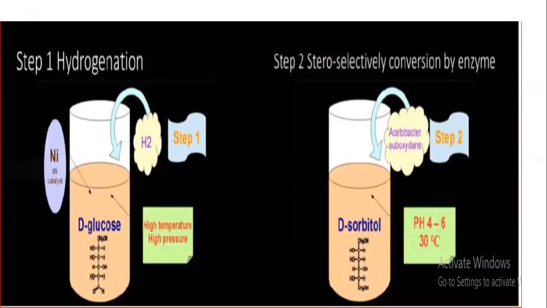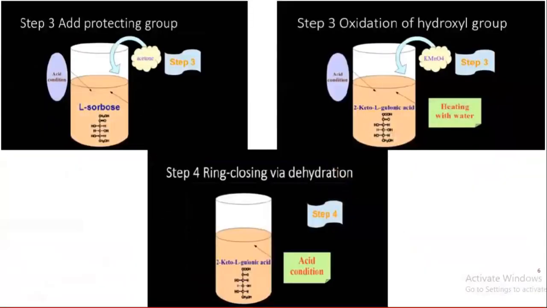So the first step is hydrogenation. Here we add glucose, with nickel as a catalyst, and it undergoes hydrogenation, where it gets converted to sorbitol. Then sorbitol is converted by Acetobacter suboxydans at pH 4 to 6 and a temperature of 30 degrees Celsius into sorbose.